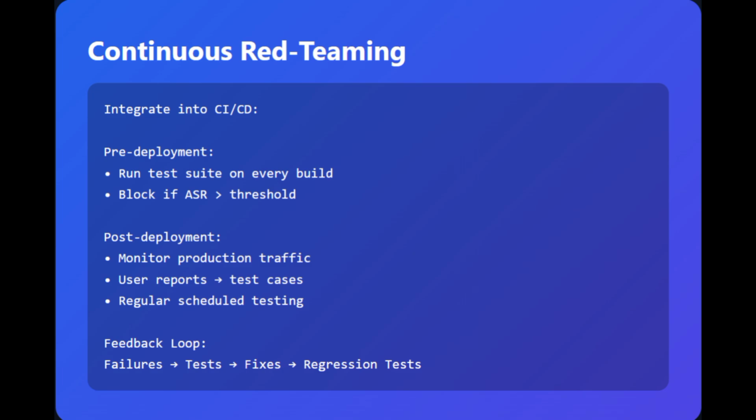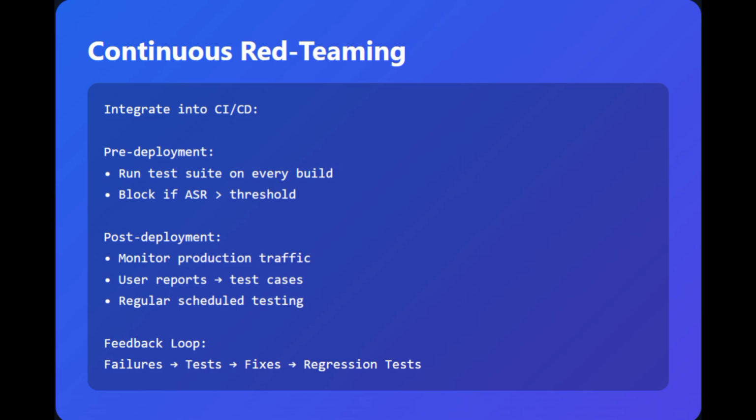Regularly schedule testing, like weekly or monthly sweeps, that catch regressions. This creates a feedback loop: failures become tests, and tests become the regression suites. Those regression suites prevent the same failure twice. So each red team cycle makes your model safer. That's how you build robust AI systems through continuous adversarial testing.